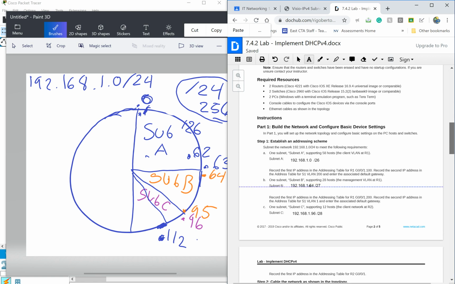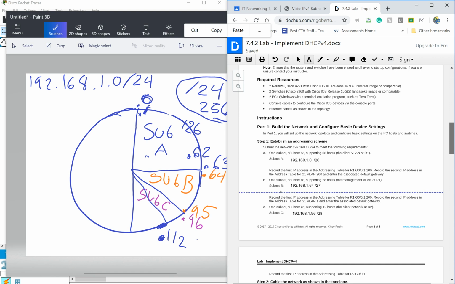S1 VLAN 200 associated. Yeah, I think that's incorrect. That's cool. We'll keep it as is for now. It says record the second IP address in the addressing table for S1 VLAN 1. There's only an S2 VLAN 1 address in there, but S2 VLAN 1 is on the other side of the network.